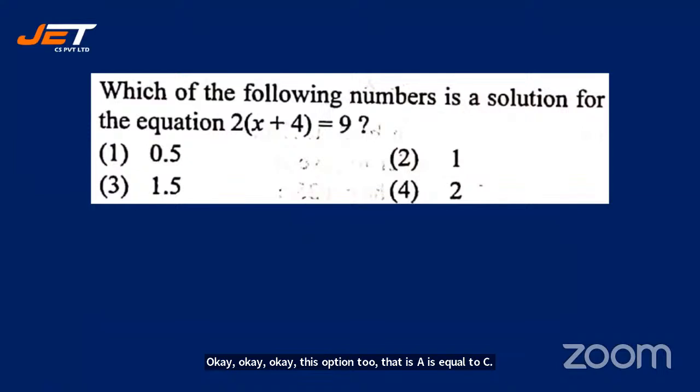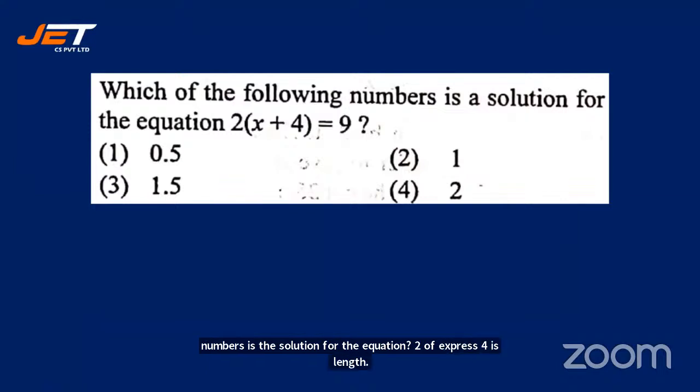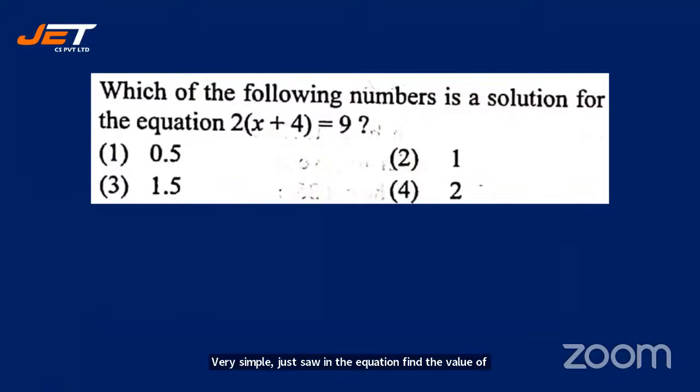Which of the following numbers is the solution for the equation 2 of x plus 4 is 9? Very simple, just solve the equation and find the value of x. Nothing difficult. What is x plus 4? 9 by 2. So what is x? Find out and give me the answer. Harshita, you're right.